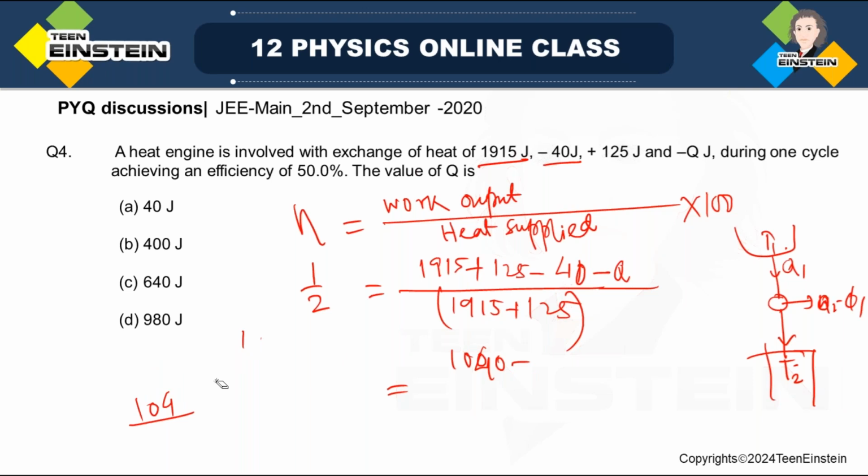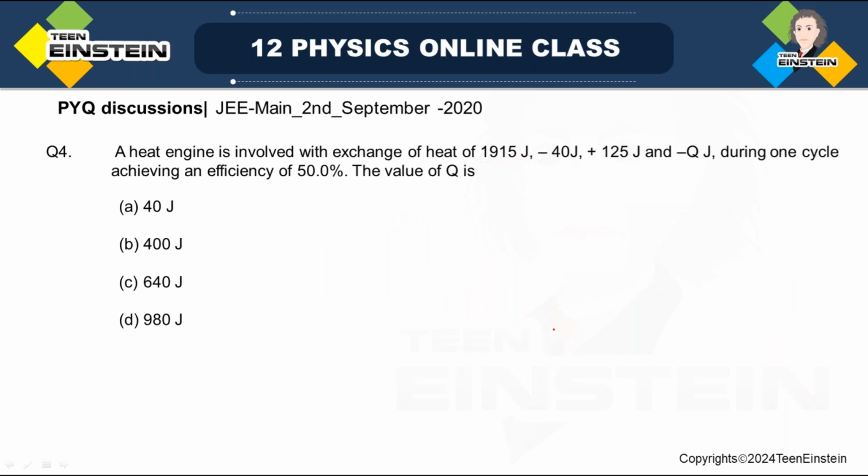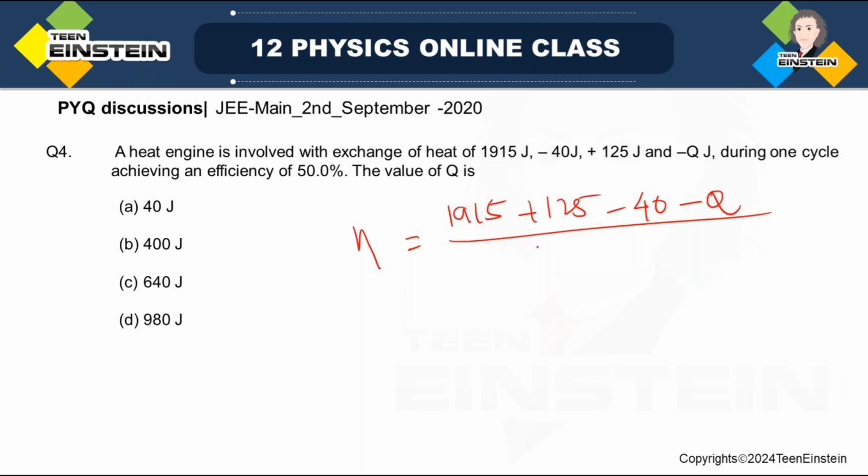I'm adding all the exchanged heat in the numerator to get the work done. Let me write it once again: minus 40 minus Q joule divided by 1915 plus 125 joule.